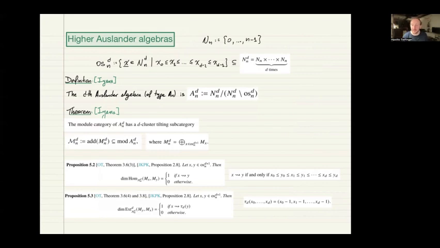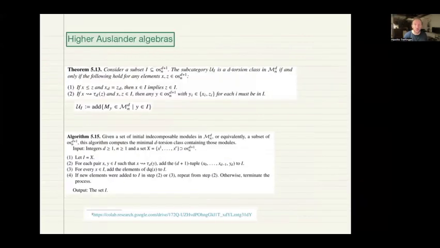Starting with that, we were able to show when the additive closure of some indecomposable objects actually is a d-torsion class inside the cluster tilting subcategory of a higher Auslander algebra. With this, we can give you algorithms to find the minimal d-torsion class containing any set of indecomposables that you give us.